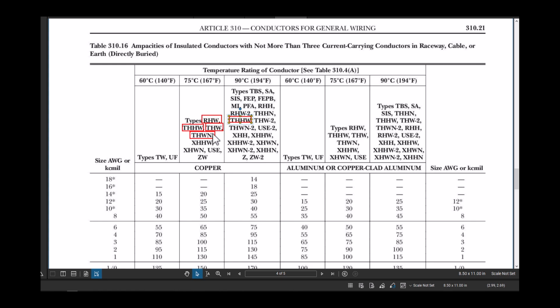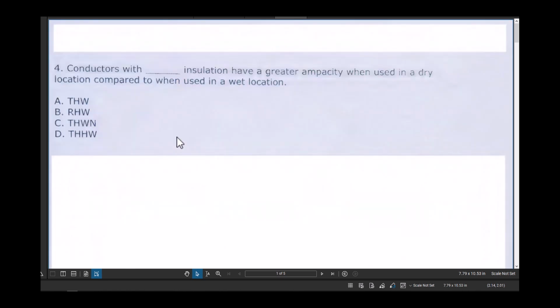None of these three other wires are available in this site. Then the only answer is THHW, which gives me more amp in the dry area than in the wet location. If I go back to the question, my answer should be D, THHW.